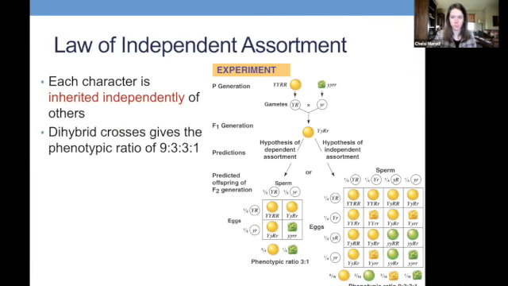There are some exceptions to this. If the traits are really, really close to each other, like if both of these traits were on chromosome 7, I don't know how many chromosomes plants actually have, but if they were both on chromosome 7 and they were right next to each other on that chromosome, it's possible that they're actually linked, which means they need to stay next to each other all the time for that chromosome to function properly.